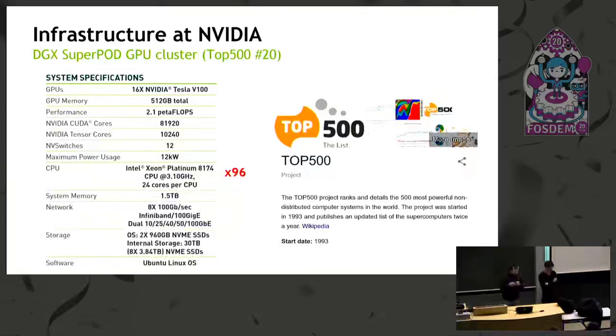At NVIDIA, we have multiple clusters, multiple data centers in Santa Clara. We have one that's, per the Top500 benchmark, a measure of supercomputers, number 20 in the world. Those are very, very large machines. We have 16 GPUs, each more than 400 watts, with a total of 12 kilowatts per machine, and we have 96 of those, with 1.5 terabytes of RAM.